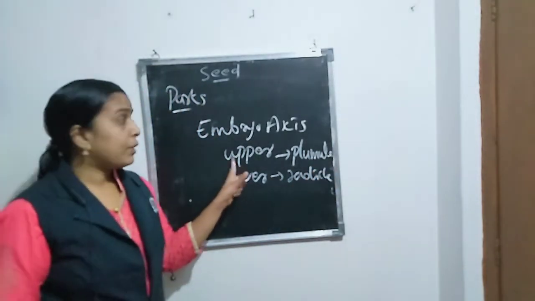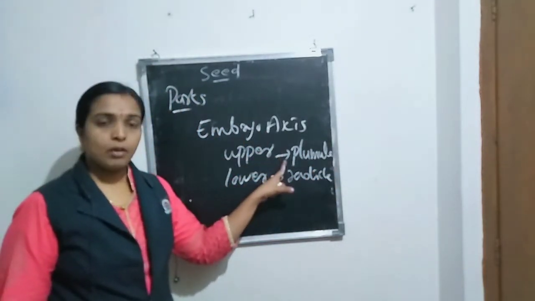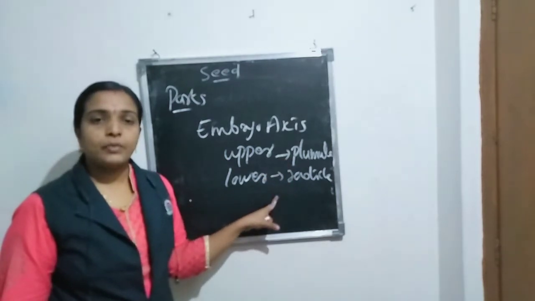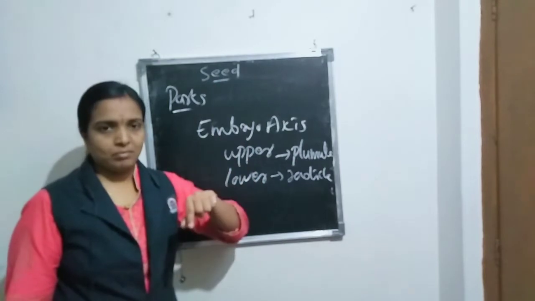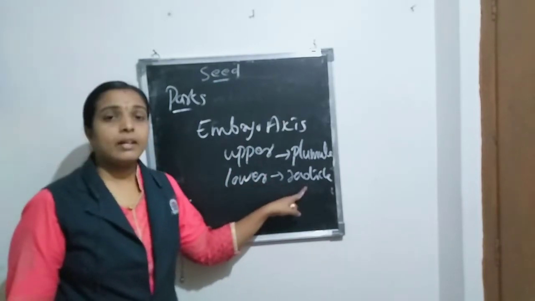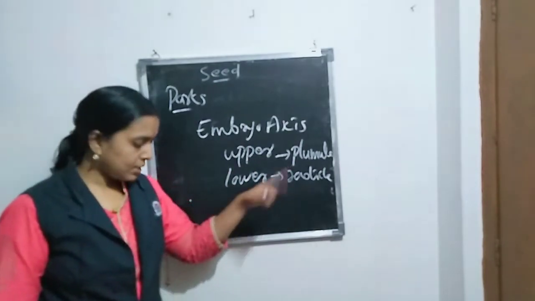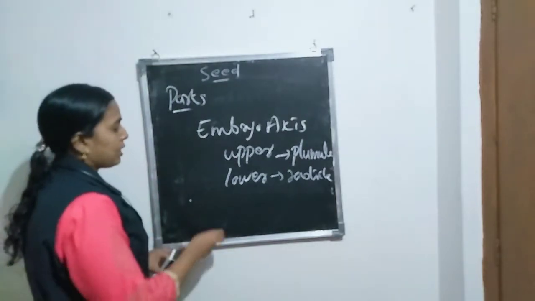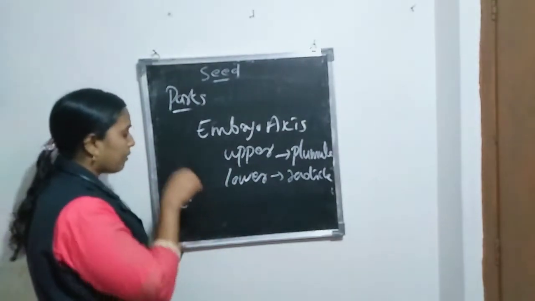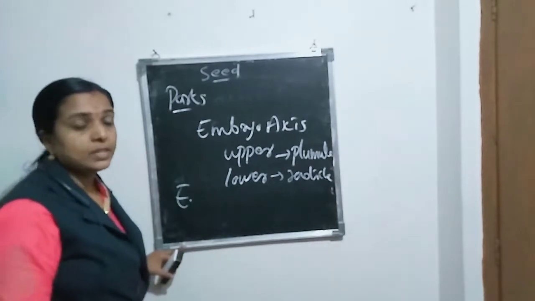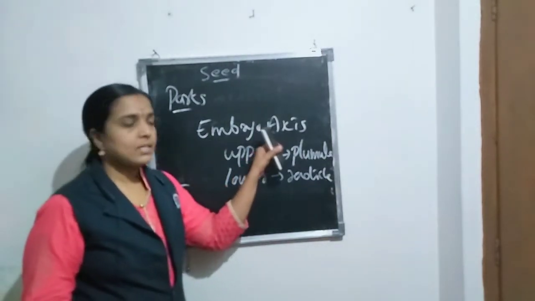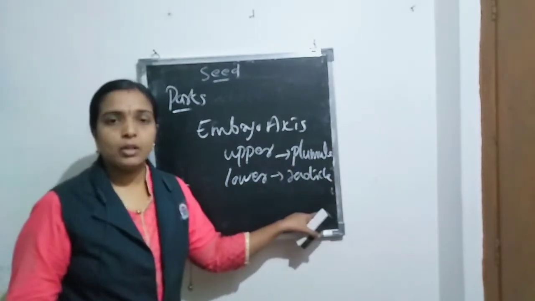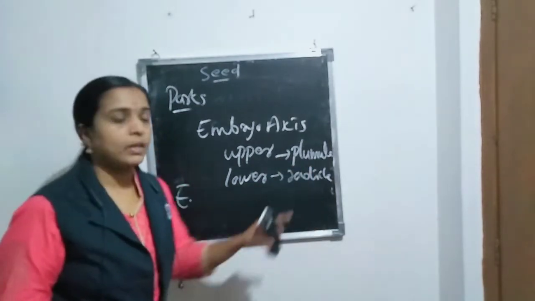Plumule becomes shoot and radicle becomes root. That is after fertilization, in the development of the seed and the development of the plant. Radicle becomes root and plumule becomes shoot.